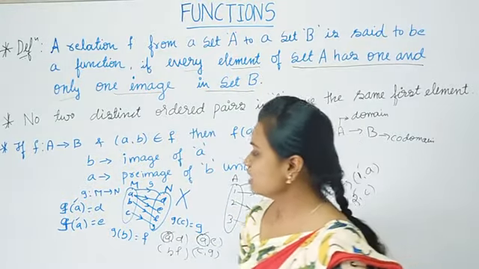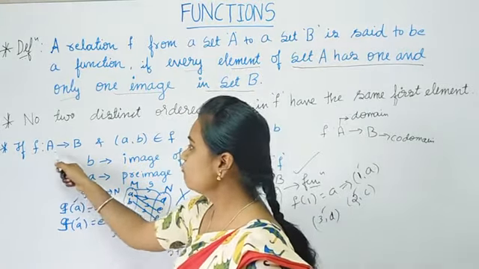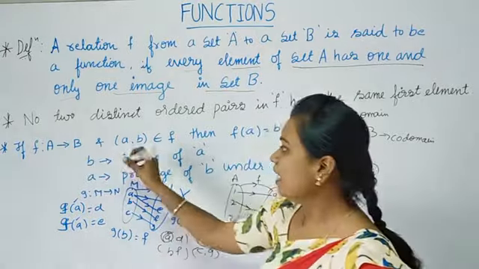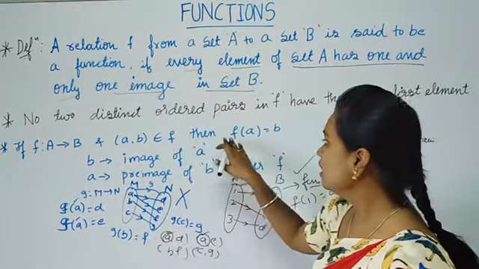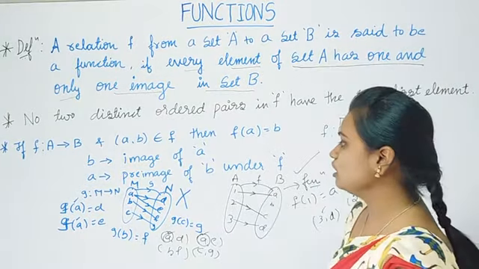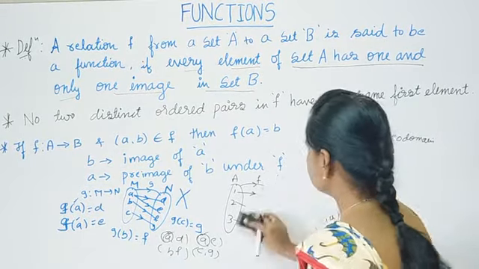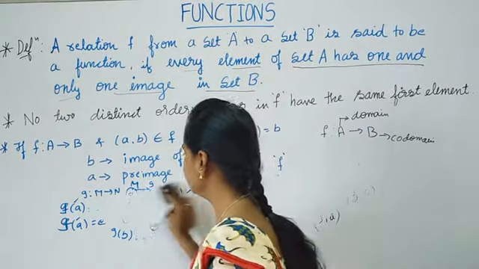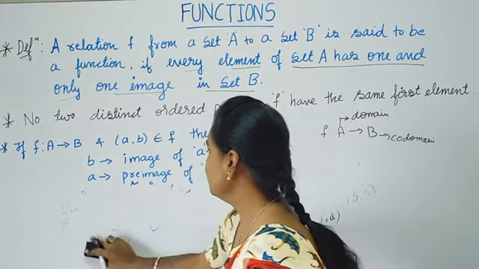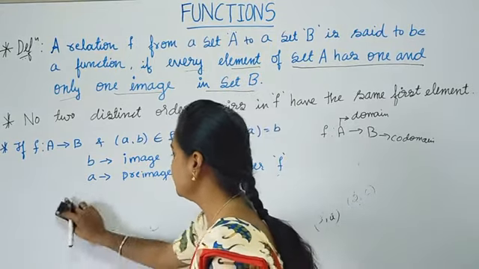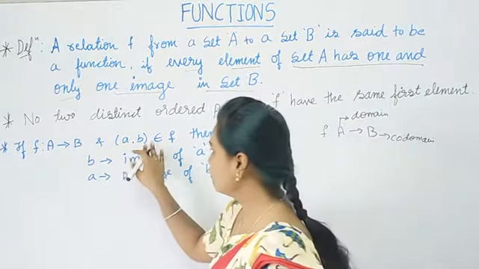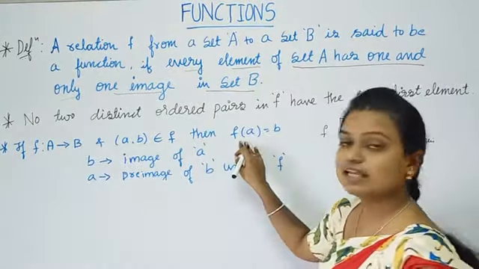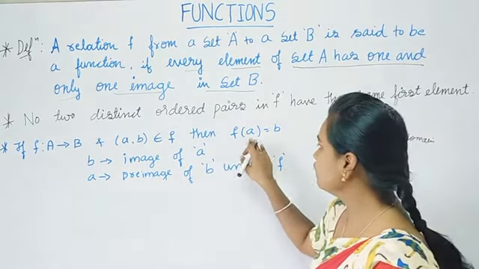Understand? So the next is, if F is a function from A to B and the ordered pair a comma b belongs to F, then f of A is equal to b.